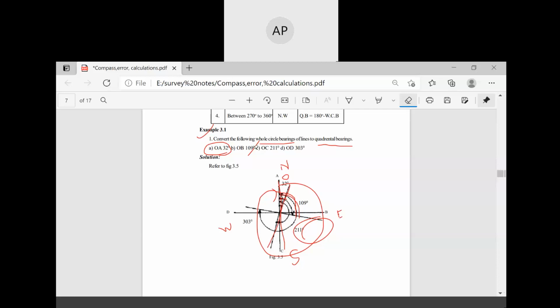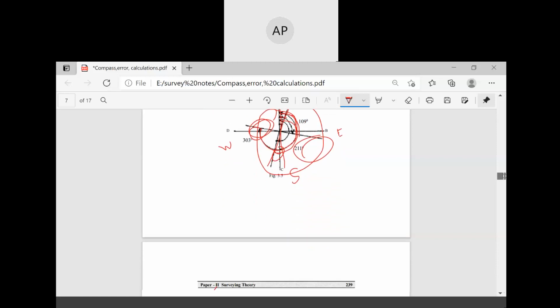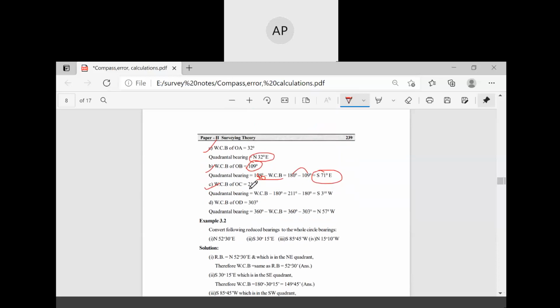And the third one, point C, is OC 211. 211 is somewhat this angle, isn't it? 180 plus something. So how can you convert?